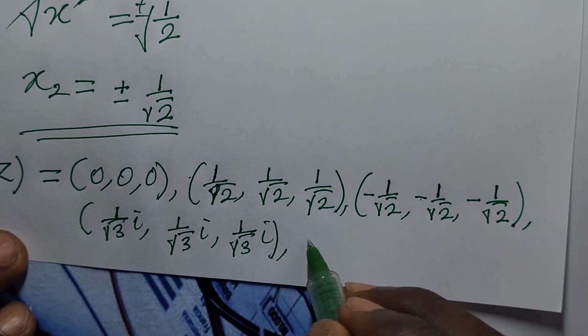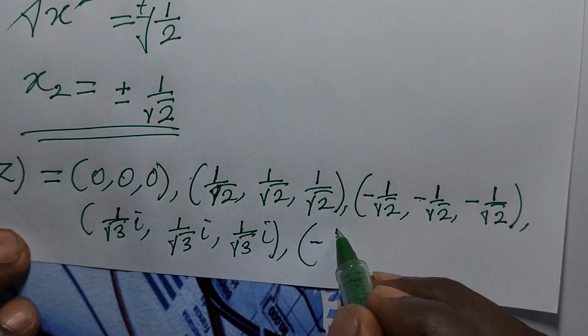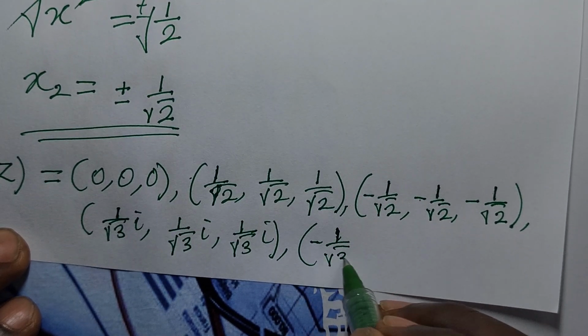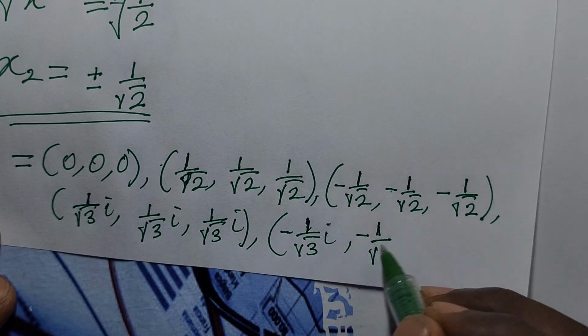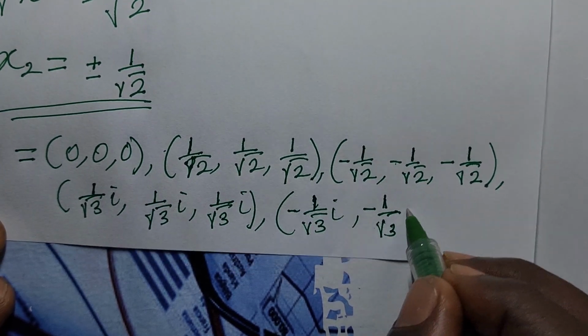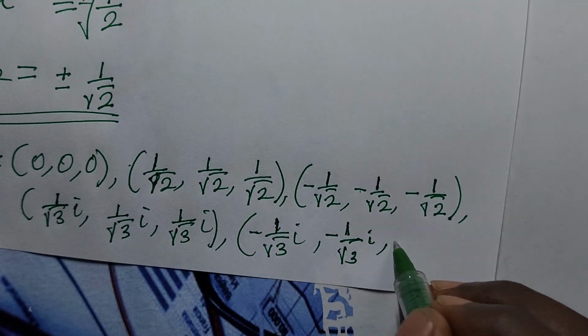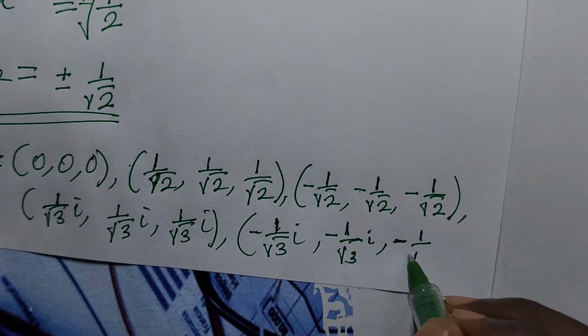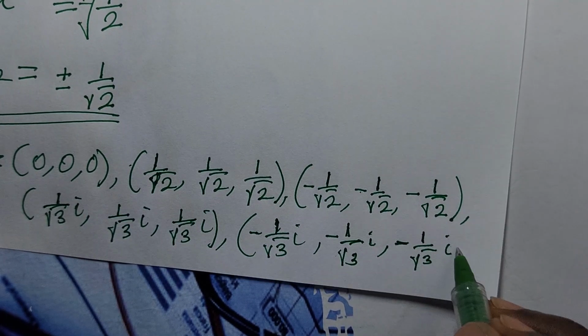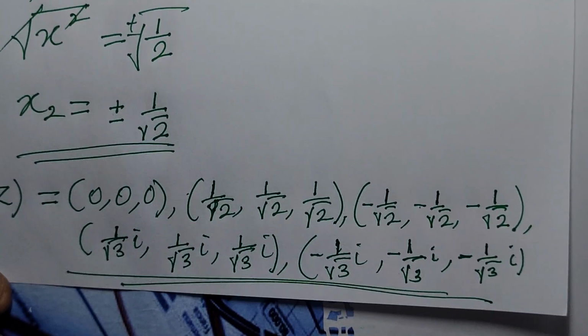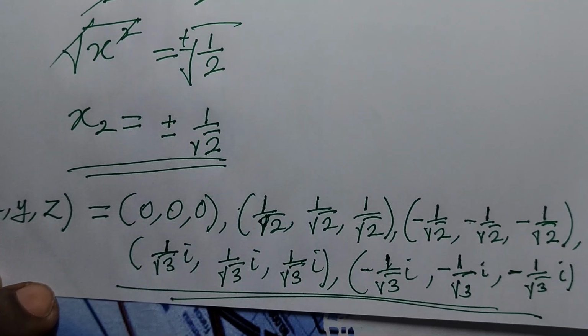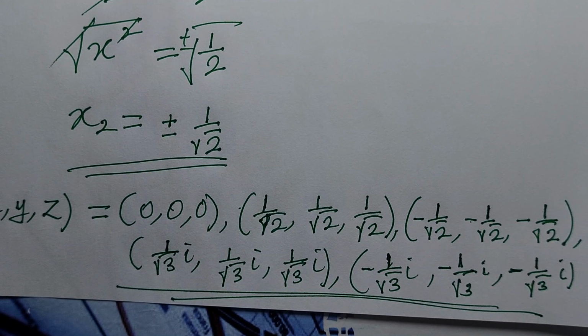And lastly, we have bracket minus 1 all over root 3 iota, comma minus 1 all over root 3 iota, comma minus 1 all over root 3 iota. Okay, so these are the roots we solved for that will satisfy the original equation.